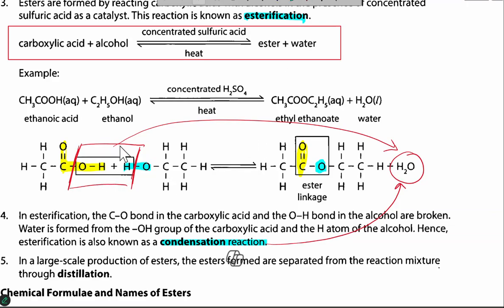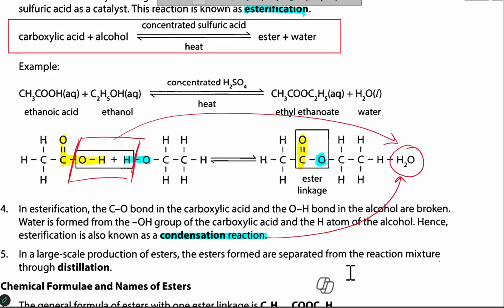The water condenses out from the reaction. So esterification is also called condensation. Why? Because in the process of forming the ester, you also form water as a byproduct. That's why it's called condensation.